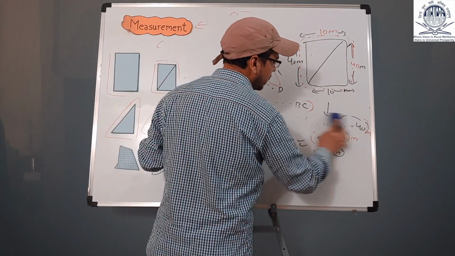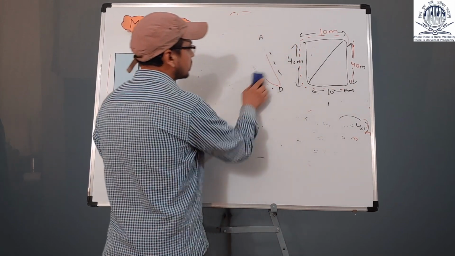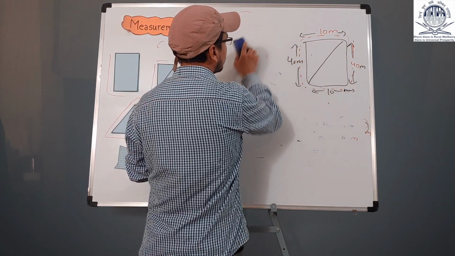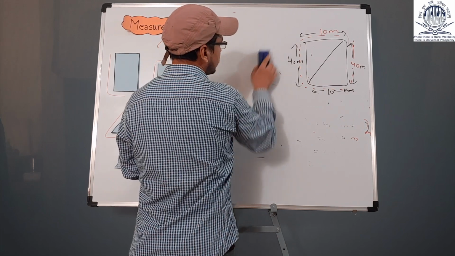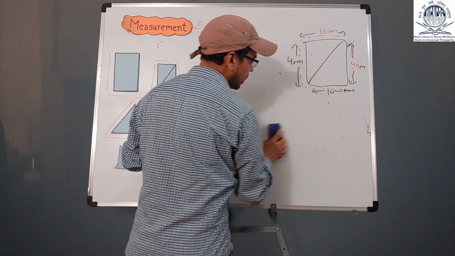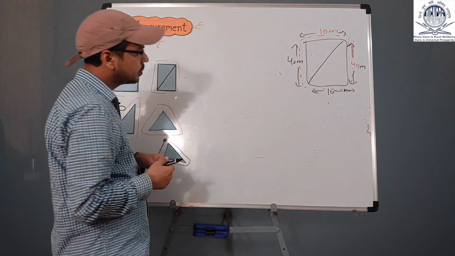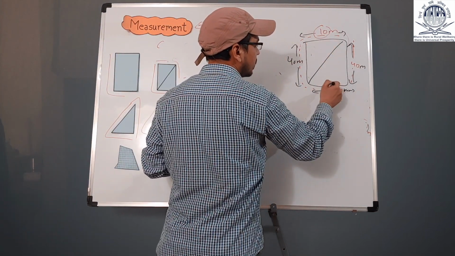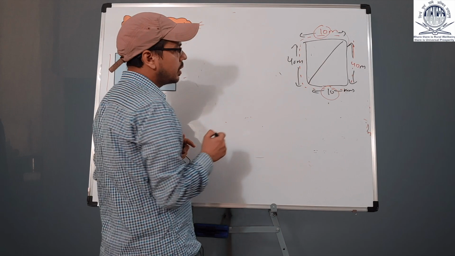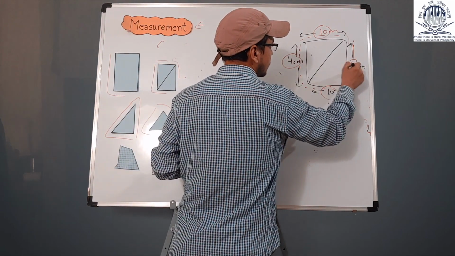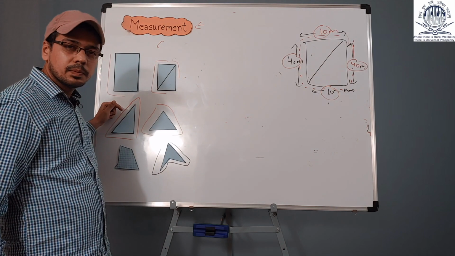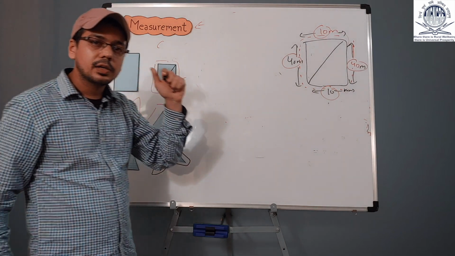Now one pattern which you may want to see is what is happening in rectangular shapes: the opposite sides are the same. In a rectangle, the opposite sides are the same. Now will the same happen in the case of a triangle? Let's try to see if the same pattern repeats or not.